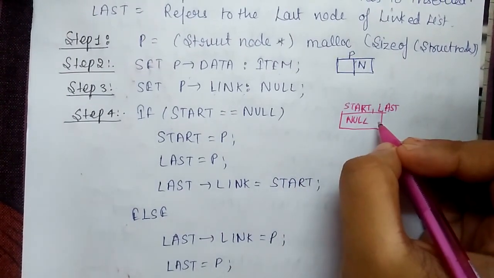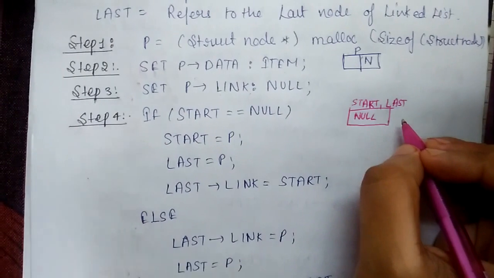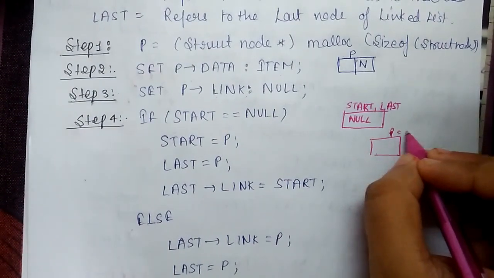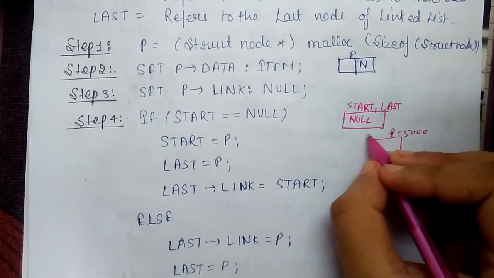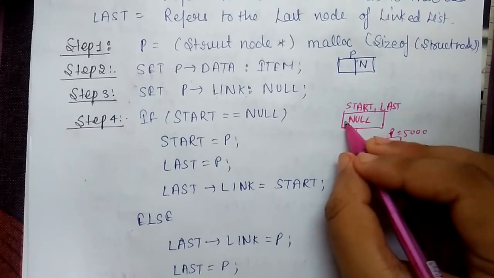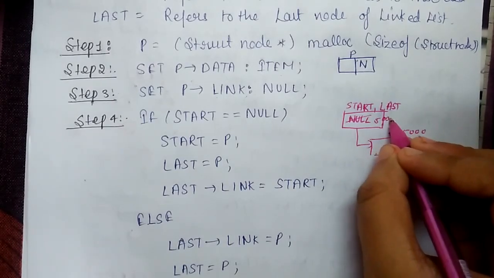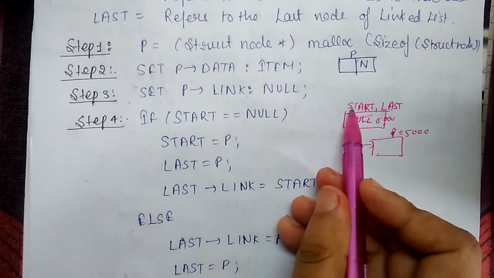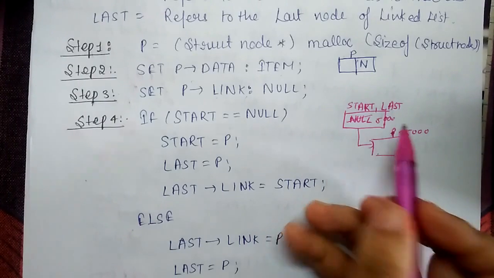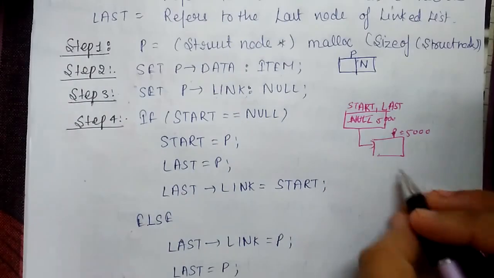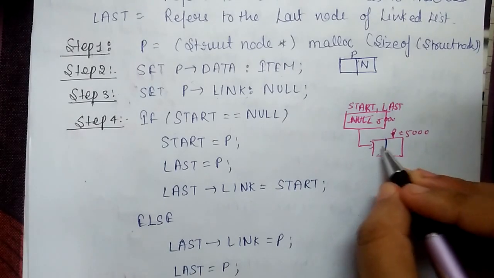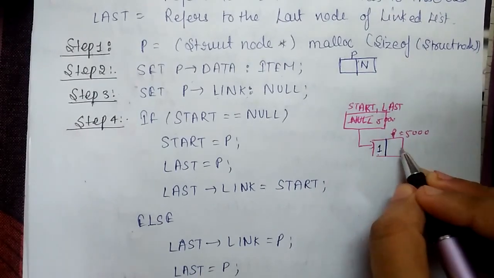If we want to insert the node P into the linked list, and the address of P is 5000, we will assign the address of P to both, so start will be P and last will be P, because start is also pointing at P and last is also pointing at P.